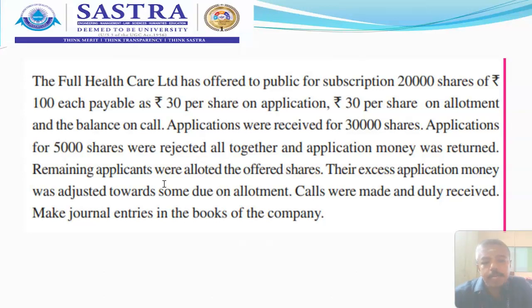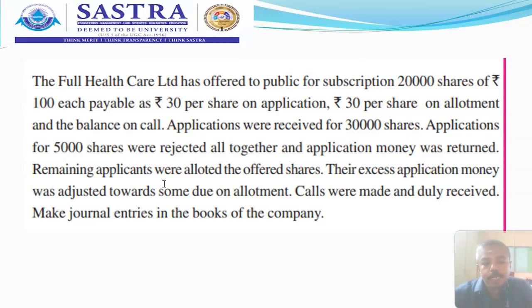The remaining applicants were allotted the offered shares. Their excess application money was adjusted towards the sum due on allotment, which means the excess shares were applied for by existing applicants who applied for more shares.